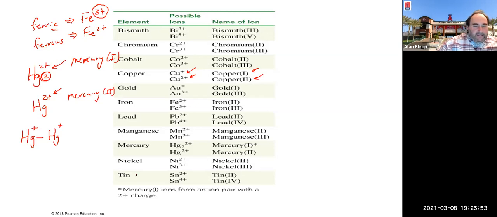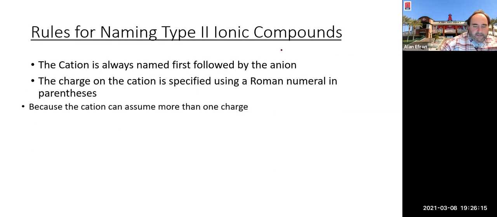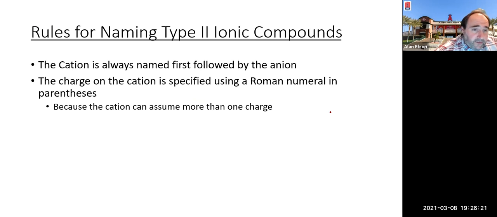Again, you can see some of these guys that are outside the transition metal regions also have a variable charge, and they're treated as type 2 compounds when we're naming. We sort of just touched upon this, but just to reiterate, when we are dealing with type 2, it's the metal that helps us determine that it is a type 2 compound.